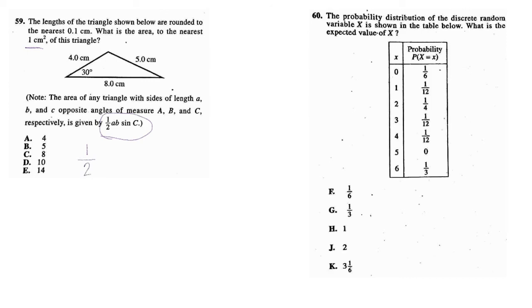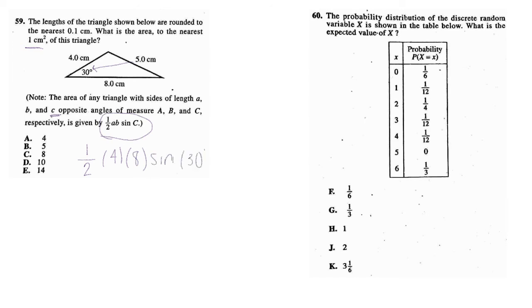And it says note the area of the triangle with side lengths A and B and C is the opposite angle measure. So sine of C, that's going to be opposite side C. So that's going to be here. So I have 1/2 times 4 times 8, order's not going to matter, times sine of 30.